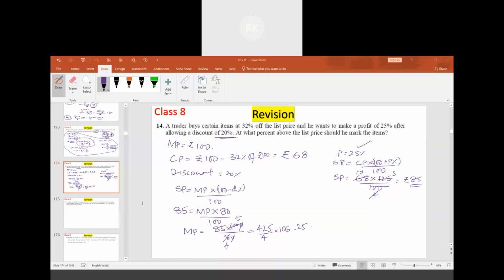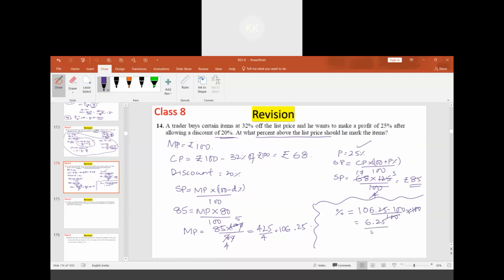So we can calculate the mark percent. They have asked what percent above the list price. The difference is 106.25 minus 100, which is 6.25, and because this is divided by 100 into 100, it gets cancelled.